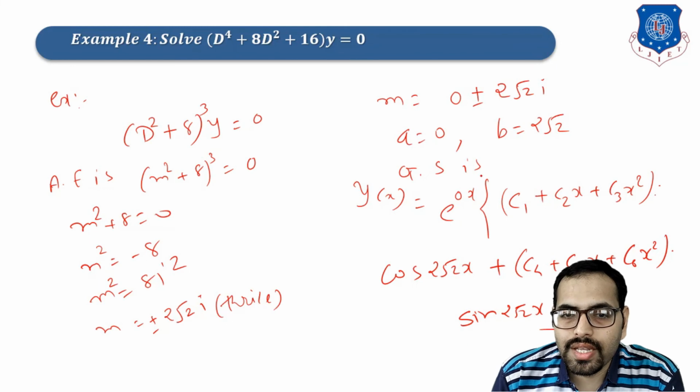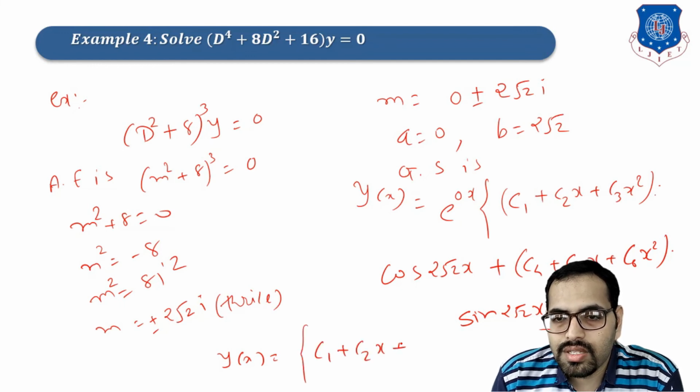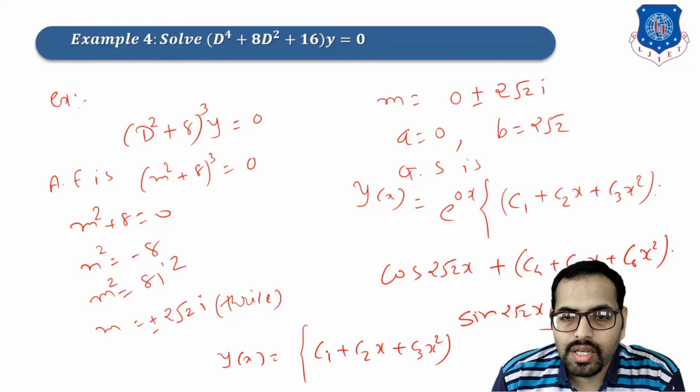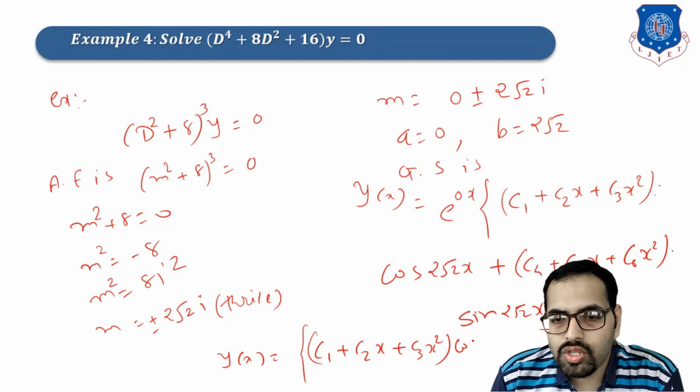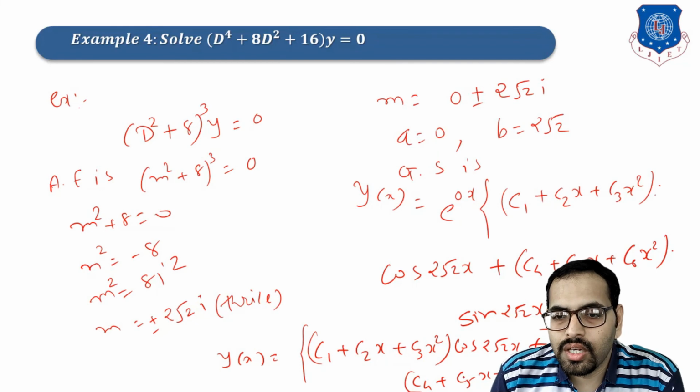Here e raised to 0 is 1. Then our general solution becomes y of x equal to, inside the bracket, c1 plus c2x plus c3x square into cos 2 root 2x plus c4 plus c5x plus c6x square into sin 2 root 2x.